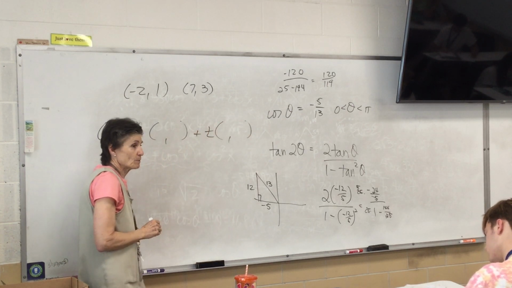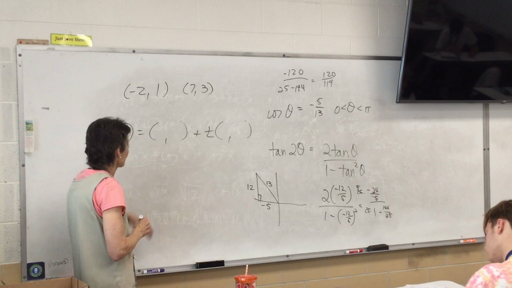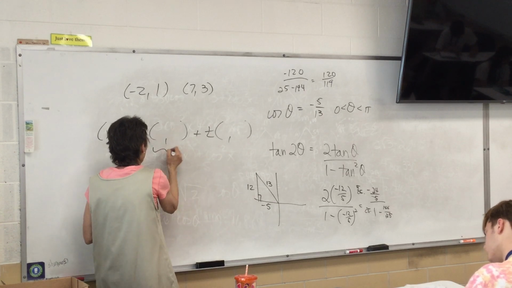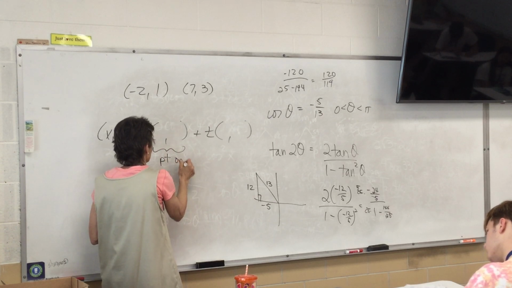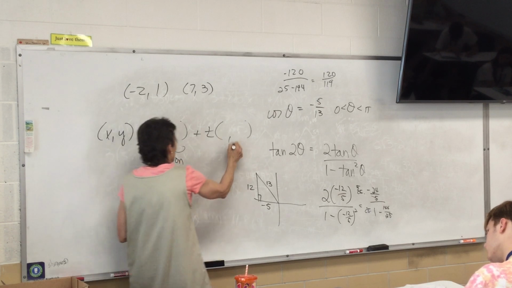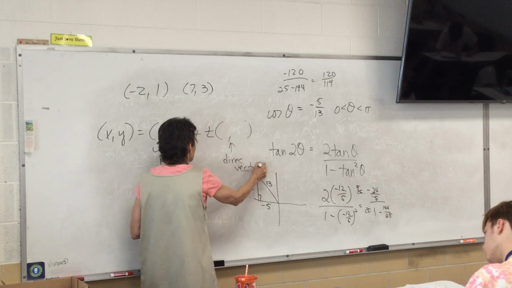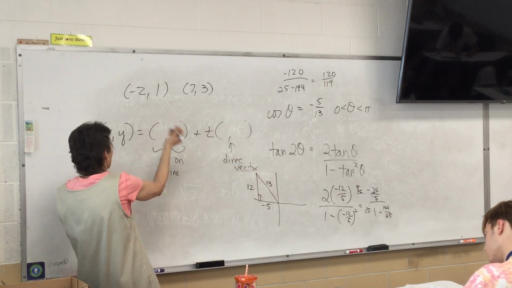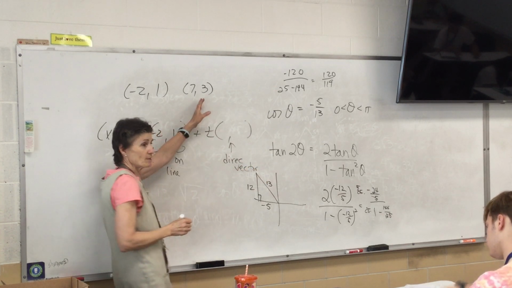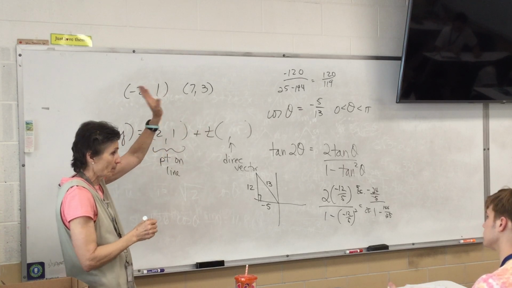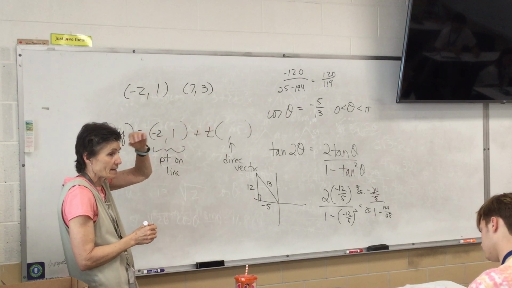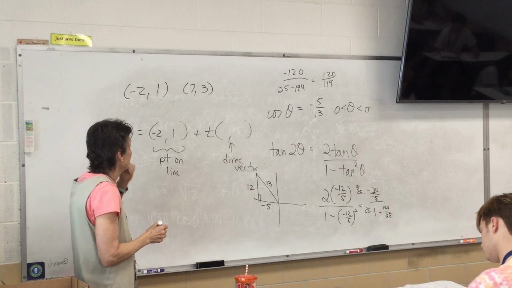So the vector representation of the line takes a point on the line plus a multiple of the direction vector of the line. So it doesn't matter, I can use negative 2, 1, or I can use 7, 3. I pick a point on the line. Those are the 2 points I know are on the line.